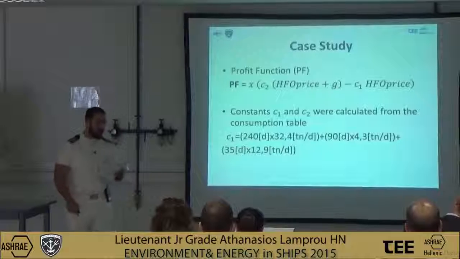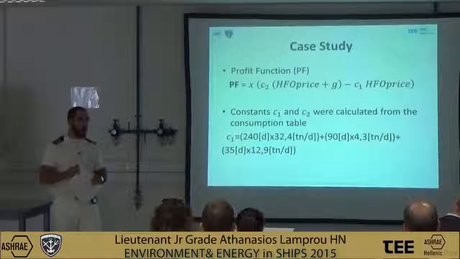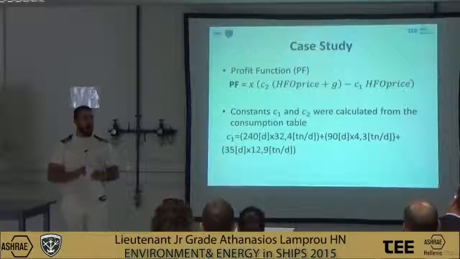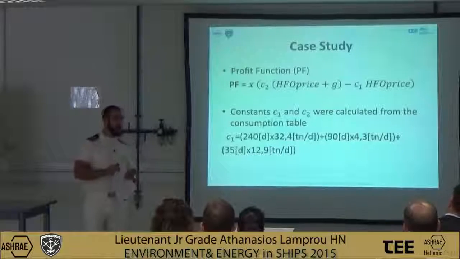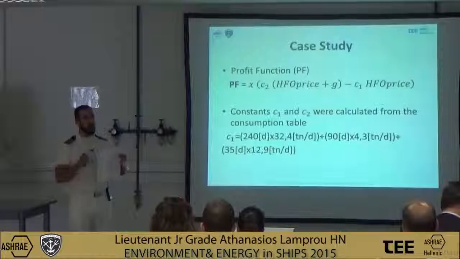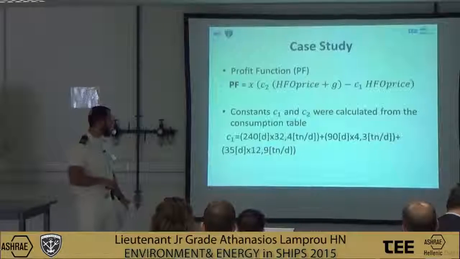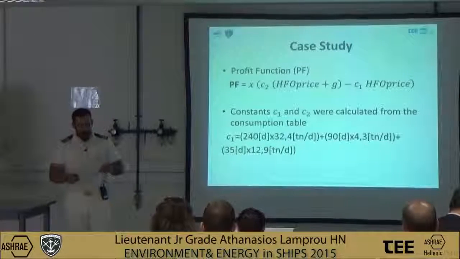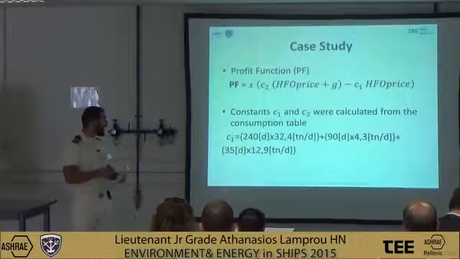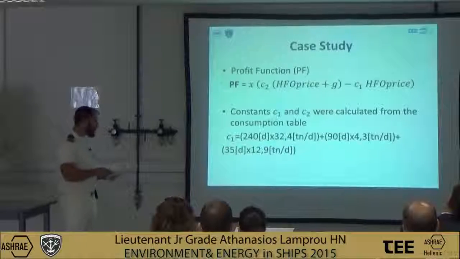It has to be mentioned also that last year's price gap between the two fuels, heavy fuel oil and marine gas oil, low sulfur, ranged from 250 to 350 US dollars per ton, with the arithmetic mean of all these prices of the last year being 283 US dollars per ton. However, according to studies, this gap will increase in the near future, and maybe it's going to reach up to 600 US dollars per ton.